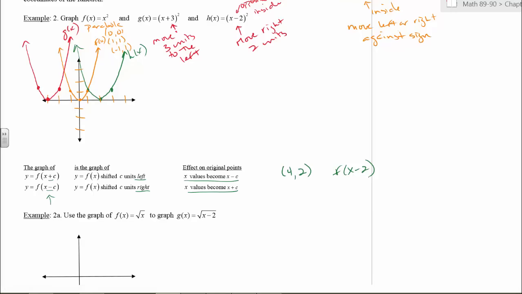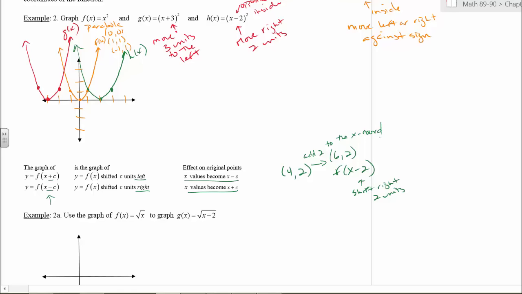And so in this case, you're saying, all right, well, I would shift right 2 units. And so I would end up where (4, -2) would end up at (6, -2) because you're adding 2 to the x coordinate. And we'll practice that a little bit more.